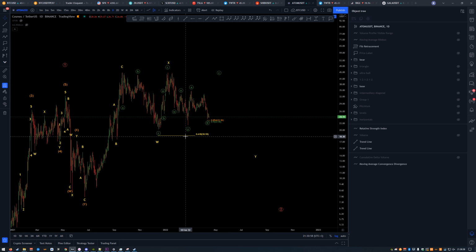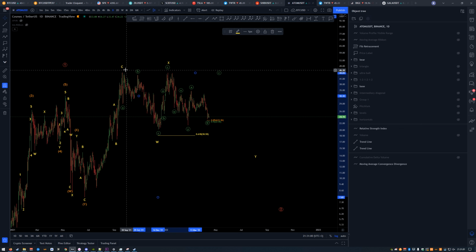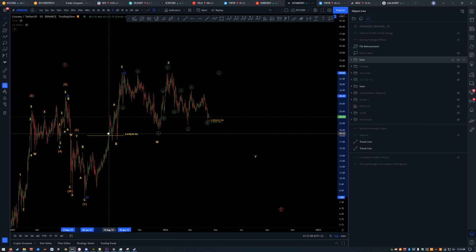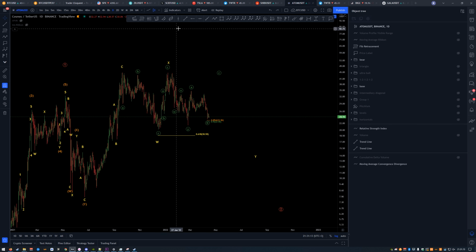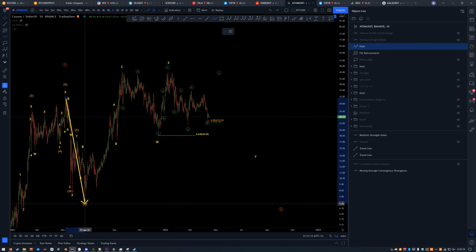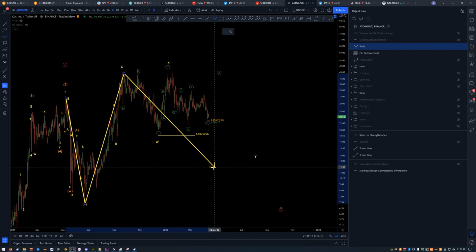There were some structural issues here where I was trying to pair some of these legs with each other. For example, this first one, so this one, I still can't find a proper way where to place it.